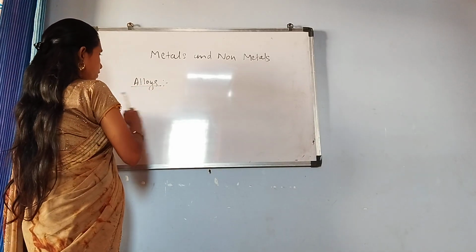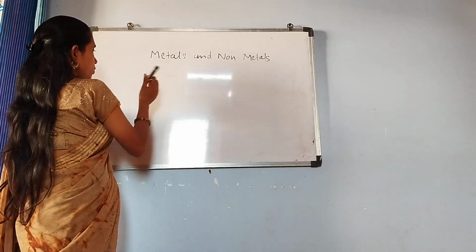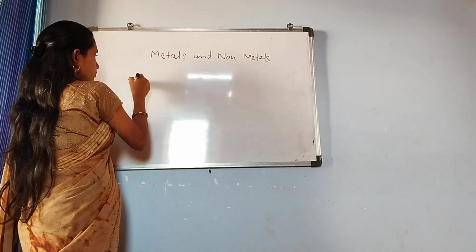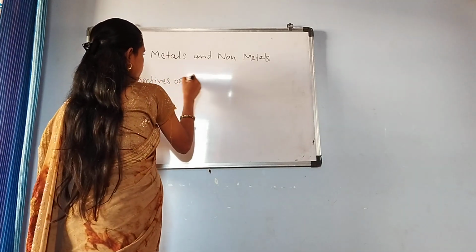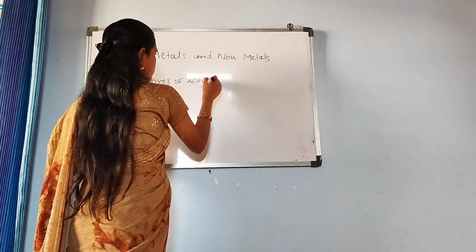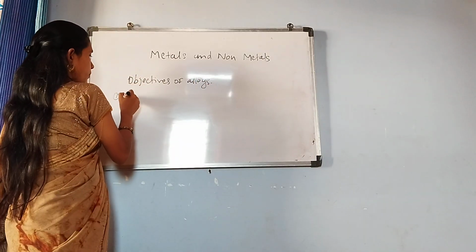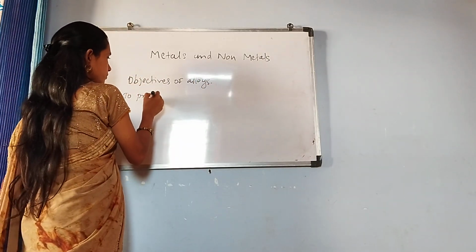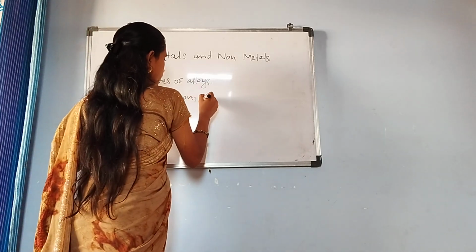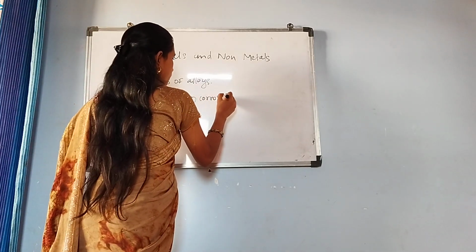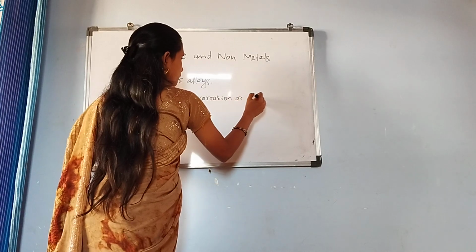So the first objective of alloys is to prevent corrosion or rusting.